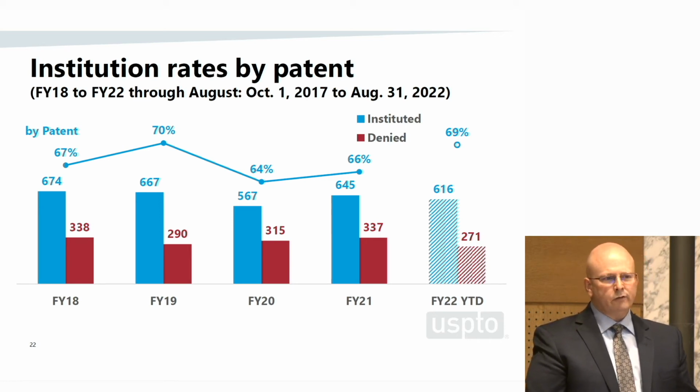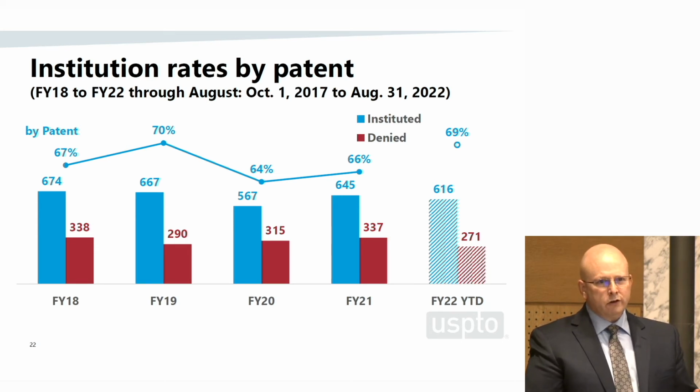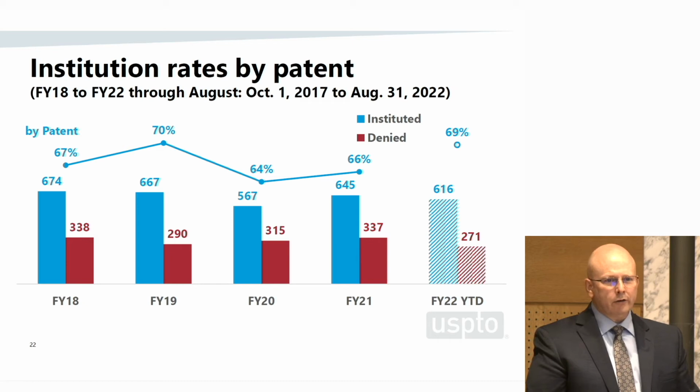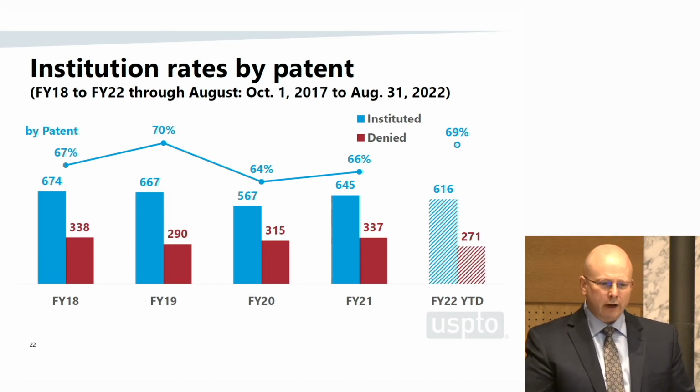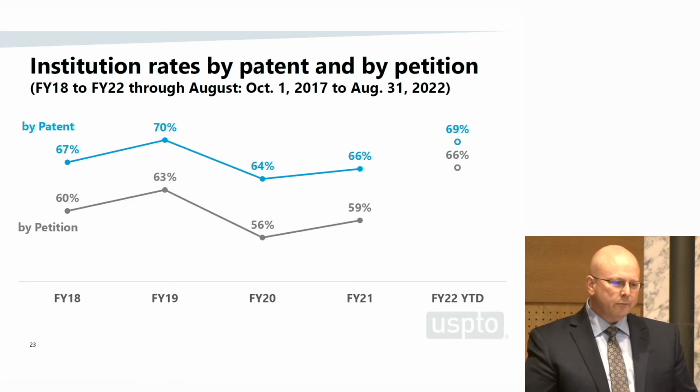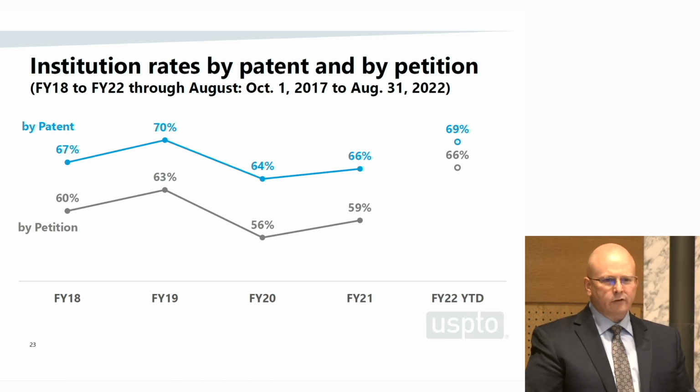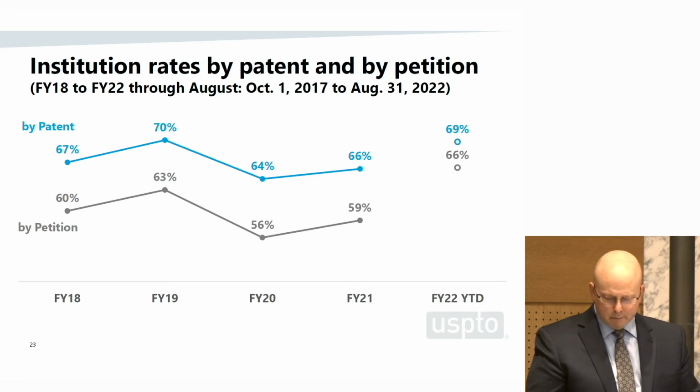Although typically it's very rare to have more than one. More than two is extremely rare. So most of the time you have one or two challenges per patent. This is just a comparison of the last two slides, the institution rates, if you look at it by petition or by patent.